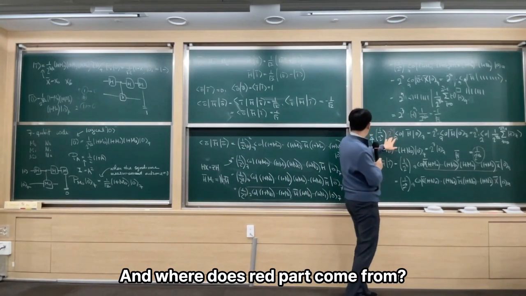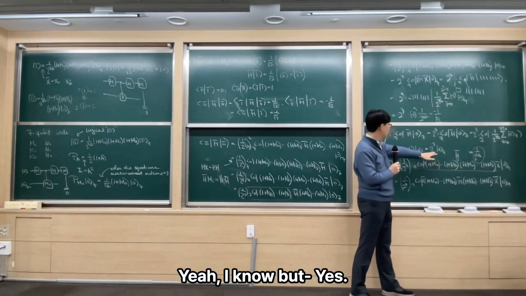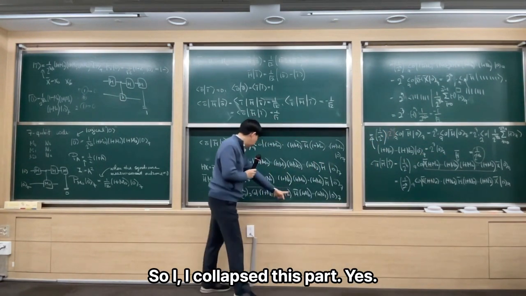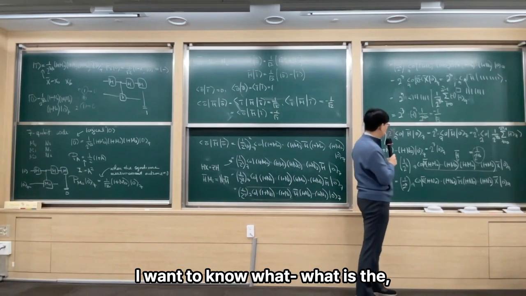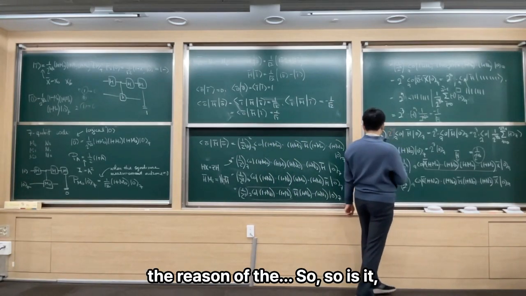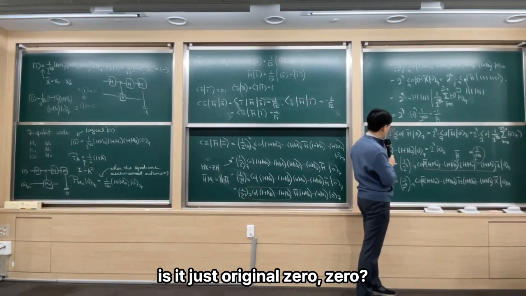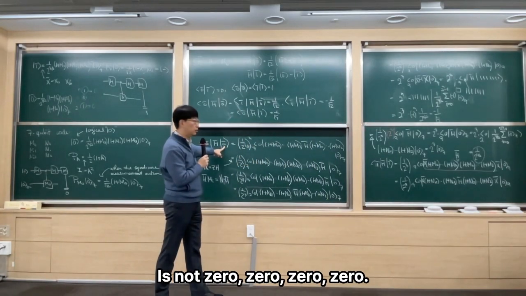And where does this red part come from? It comes from this computation, yeah, here. I know. But yes. So I collapsed this part and also this part. I want to know what is the original vector. So is it just original 0 is 0? This 0 bar is not 0, 0, 0, 0.